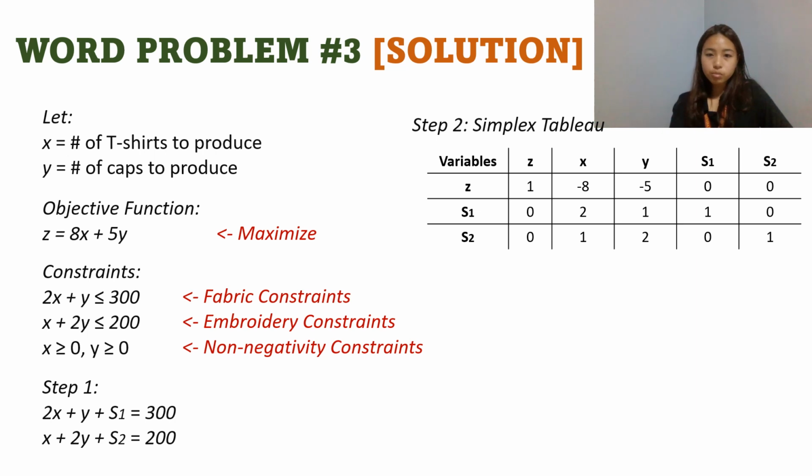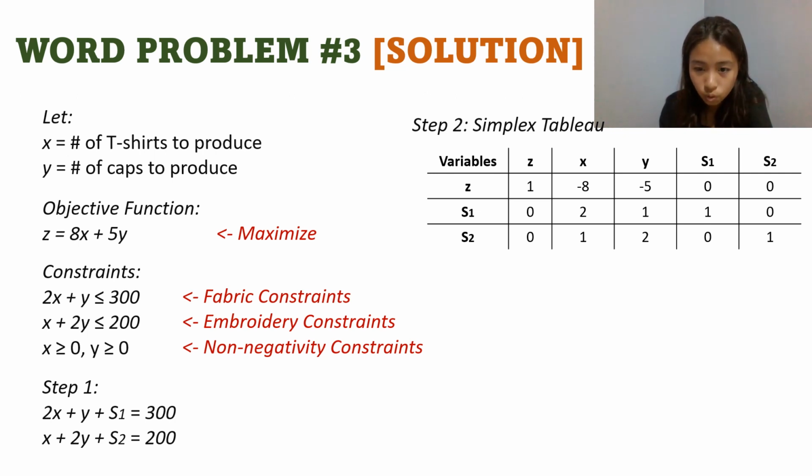In solving using the simplex method, after converting the inequalities to equalities, let's proceed to the simplex tableau. These are the simplex tableaus. We perform iterations. In iteration 1, pivot column x and pivot row slack 2, with ratios 1 and 1.